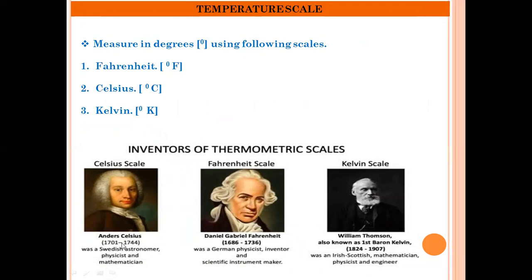Anders Celsius, a Swedish astronomer, physicist and mathematician, developed the Celsius scale, whereas Daniel Gabriel Fahrenheit, a German physicist, inventor and scientific instrument maker, developed the Fahrenheit scale. William Thomson, also known as first Baron Kelvin, an Irish-Scottish mathematician, physicist and engineer, developed the Kelvin scale.